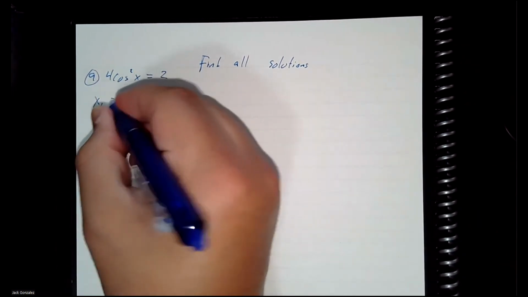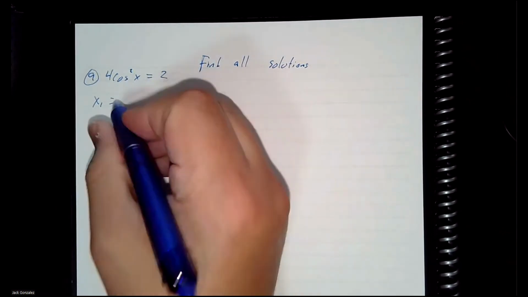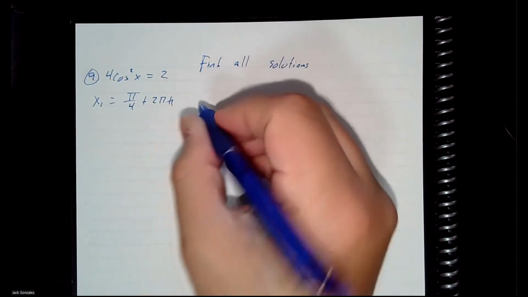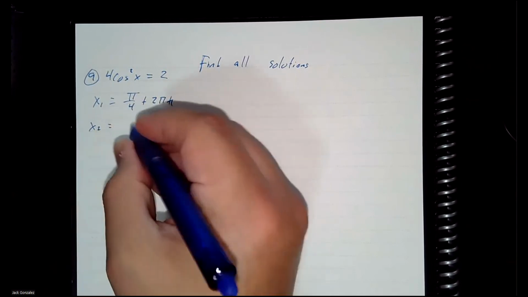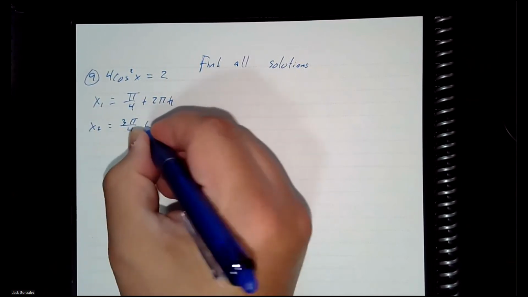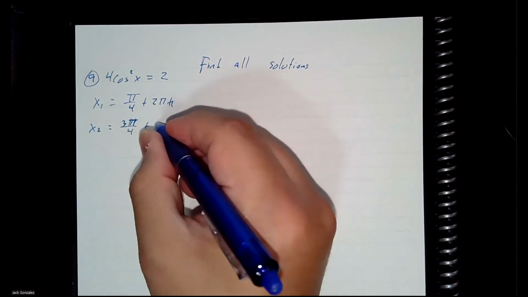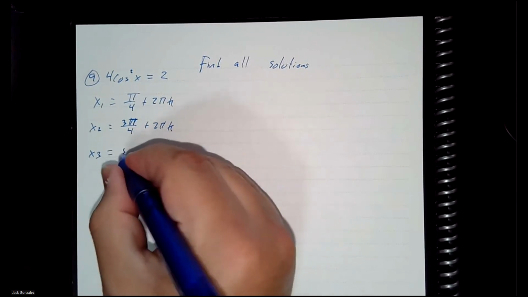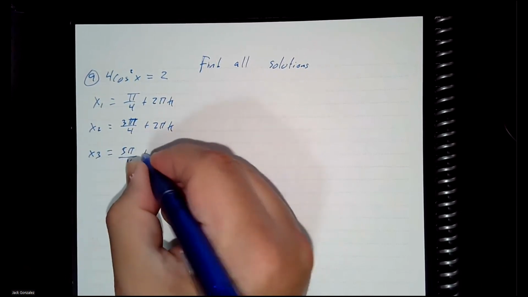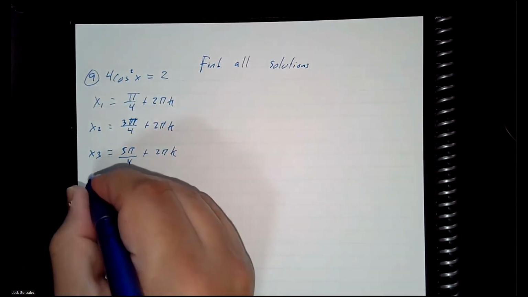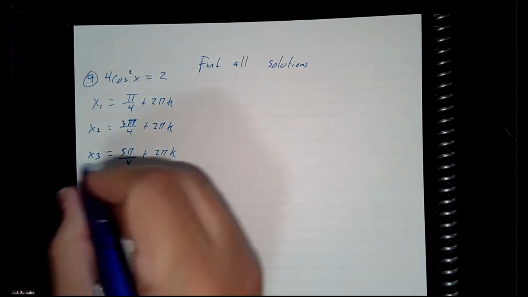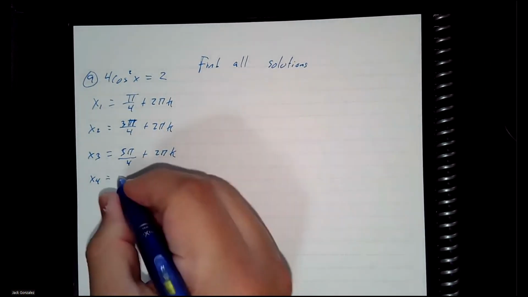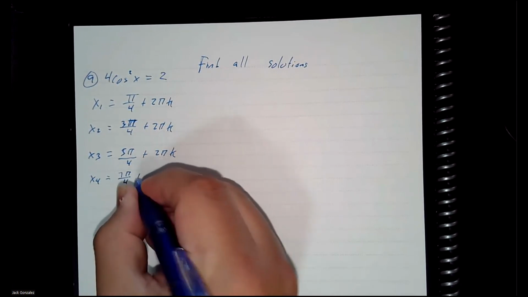The first set, x1, will be pi over 4 plus 2 pi k. Second one will be 3 pi over 4 plus 2 pi k. X3 will be 5 pi over 4 plus 2 pi k. Fourth set will be, I believe it's 7 pi, I have to double check here, 5, 3, 5, 7, yeah, 7 pi over 4 plus 2 pi k.